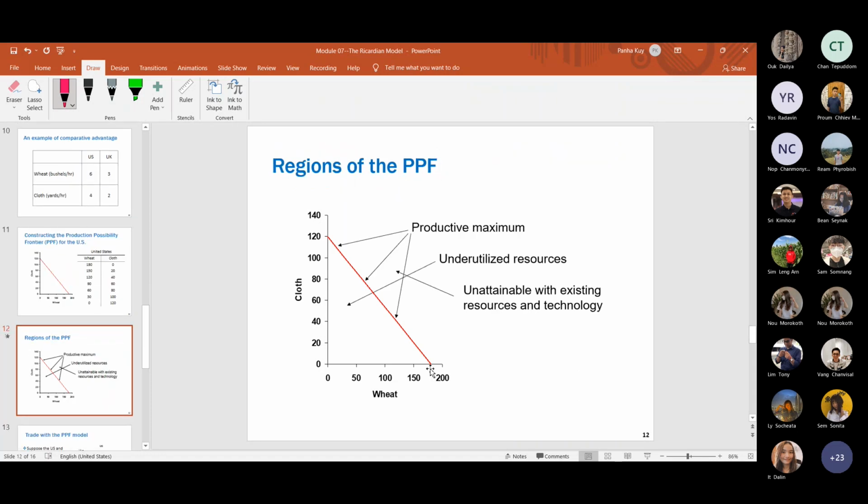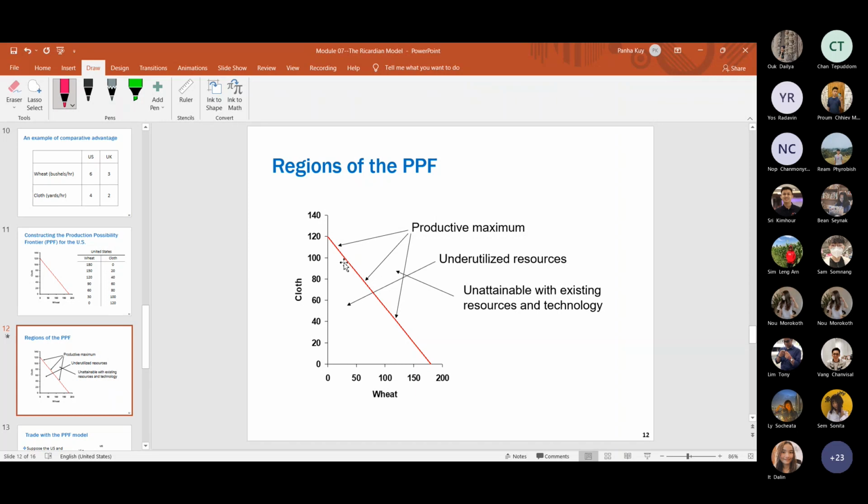And then these are the regions. That's the property of the production possibility frontier. There are 3 properties here. Inside here is called underutilized resources, meaning you still have resources to scale up your production, okay?